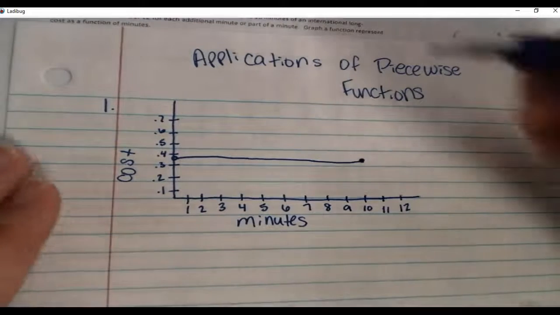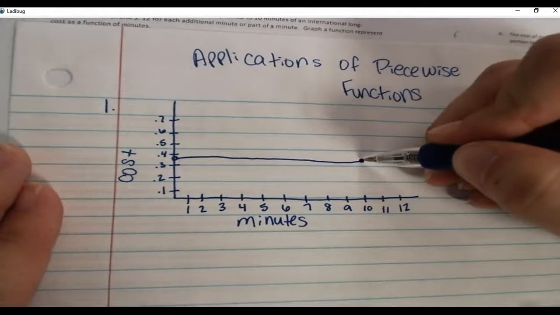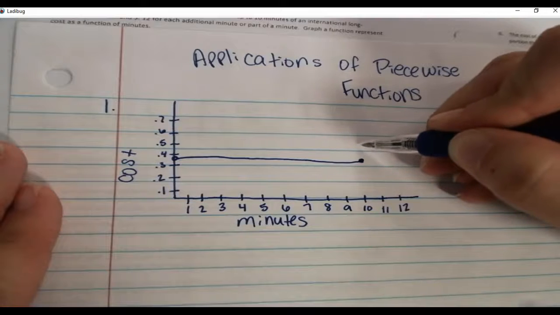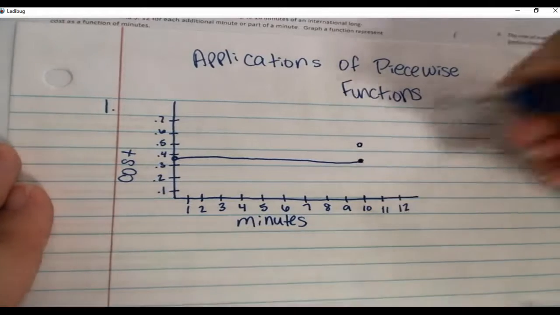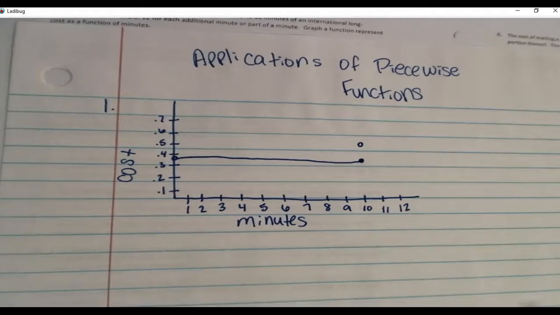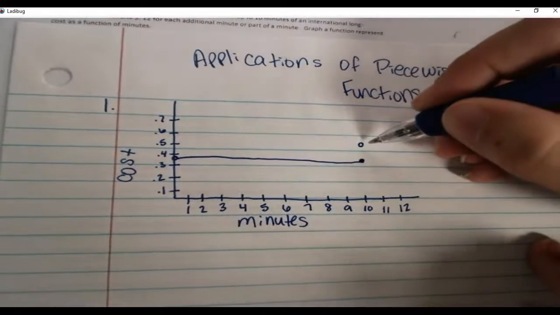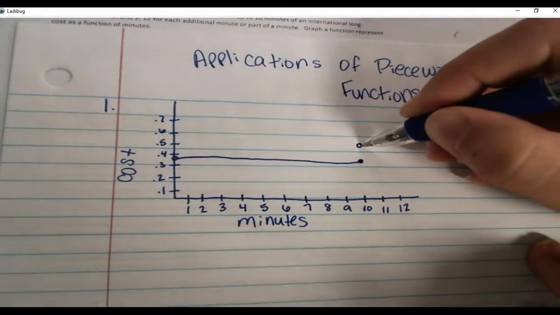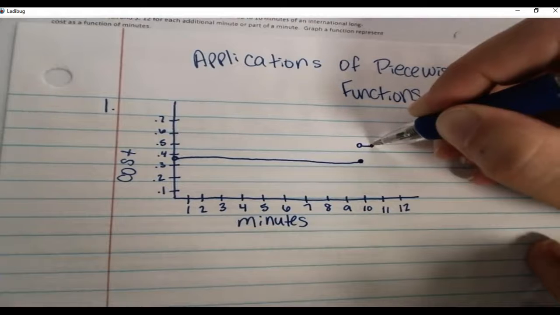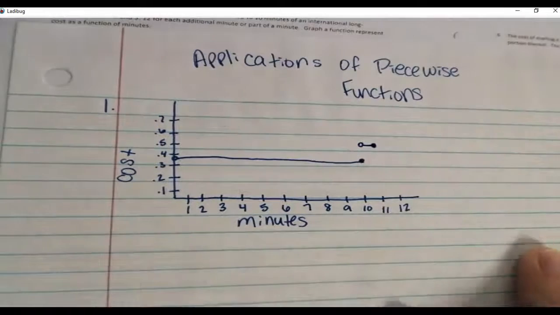Yeah, 51. So then, at 10 minutes, I'm going to go up to 51. Again, it's an open circle because it doesn't include 10 minutes. 10 minutes is only 39. But as soon as you go over 10 minutes, they're charging you an additional 12 cents for that whole minute. So all the way to 11 minutes.